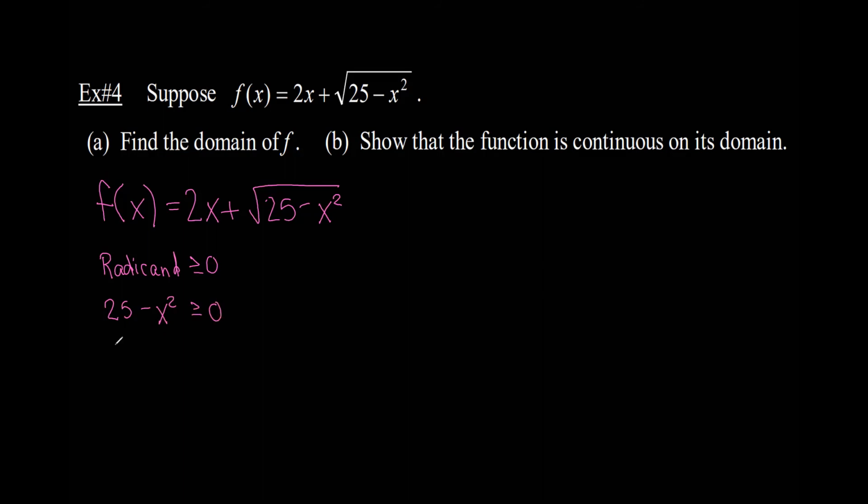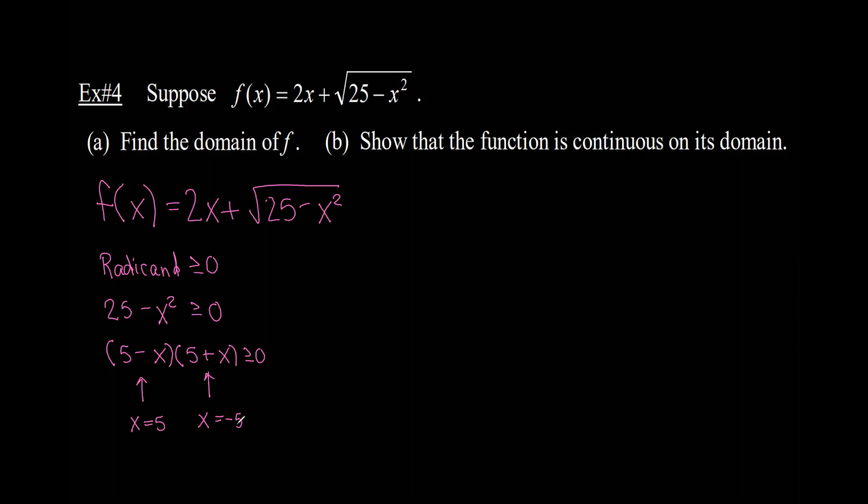So I'm going to solve that by factoring, and then I'm going to look at a little sign test. Right here, x equals positive 5 will make it equal to 0, and for this factor, x equals negative 5 will make it equal 0.